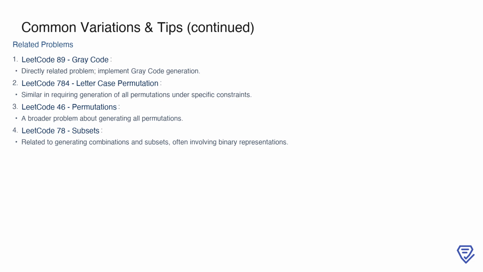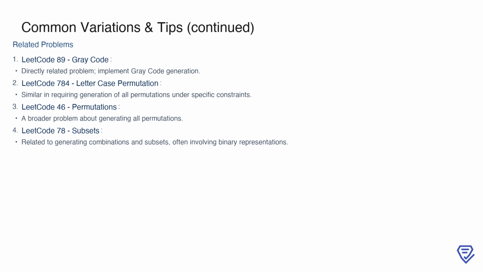For example, LeetCode 89 is directly connected, as it focuses on implementing gray code generation. LeetCode 784, which involves generating all permutations under specific constraints, shares a similar combinatorial theme. LeetCode 46, dealing with generating all permutations, and LeetCode 78, focused on subsets and combinations, are also related.